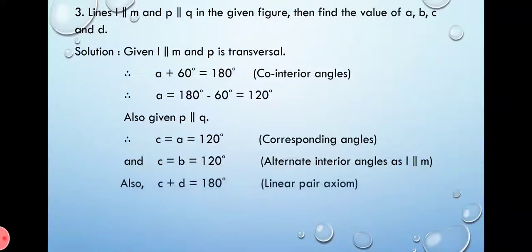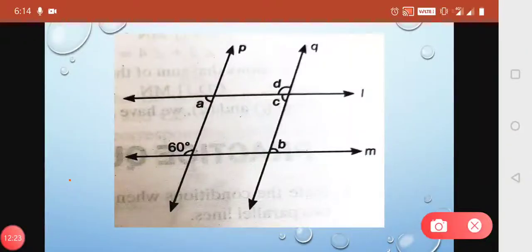Further, for finding D, C plus D equal to 180 degree, because they form a linear pair of angles. So using linear pair axiom, we get C plus D equal to 180 degree. Let's see in the figure.